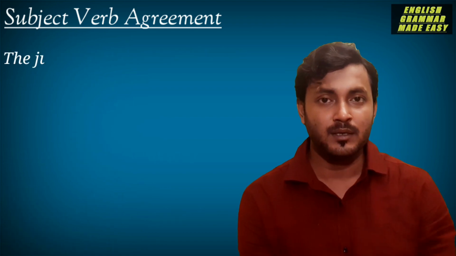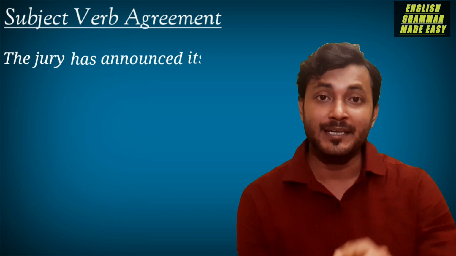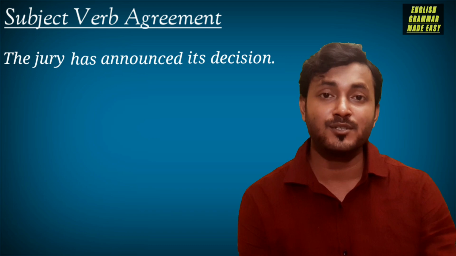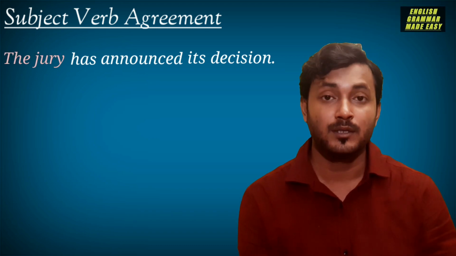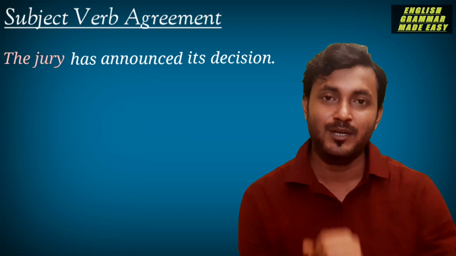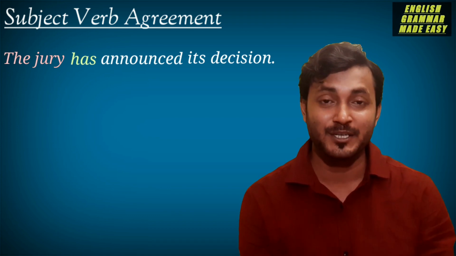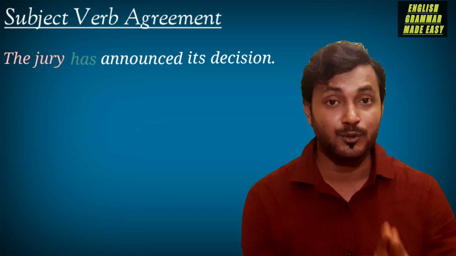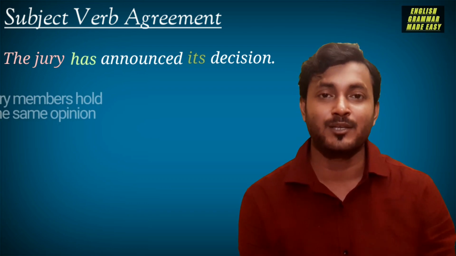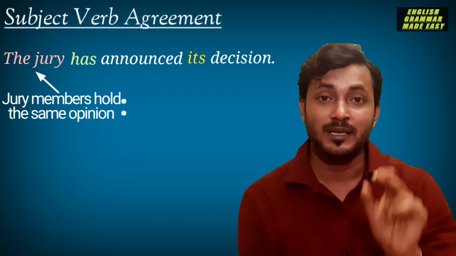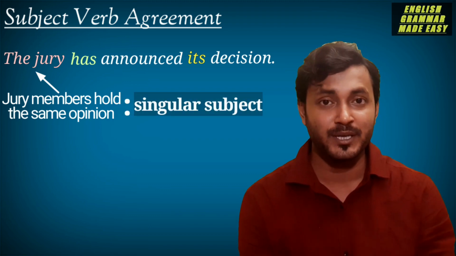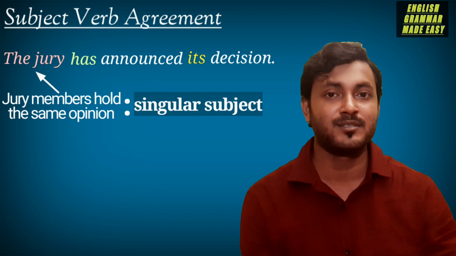The jury has announced its decision. The jury, it's a collective noun, so it's treated to be a singular subject. And that's why we have written has. And we have used its, which is actually a singular possessive adjective. So the jury has announced its decision.